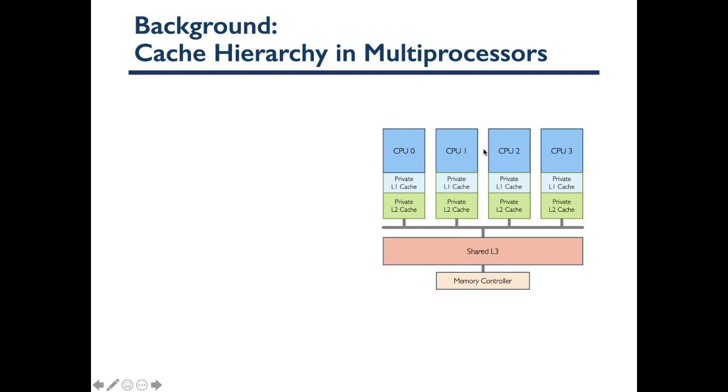Each CPU has private caches. These caches are very close to the CPU, usually on the same chip. So this is on-chip memory storage that can be accessed super fast by the CPU, and they're used to cache data.